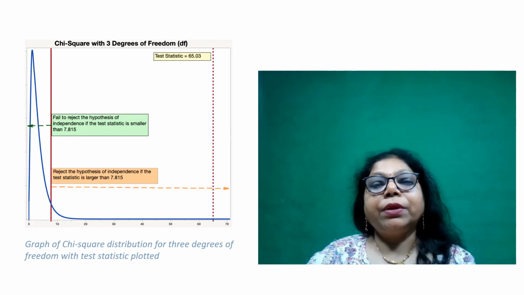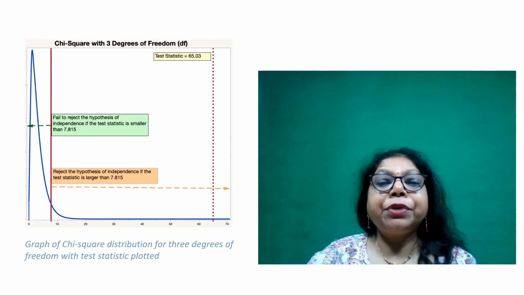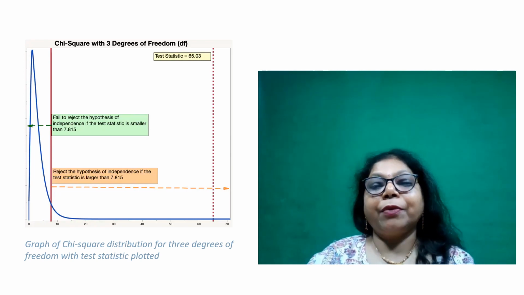So we can conclude that it is very unlikely for this situation to happen by chance. The results that we collected from our moviegoers would be extremely unlikely if there were truly no relationship between type of movie and snack purchases.